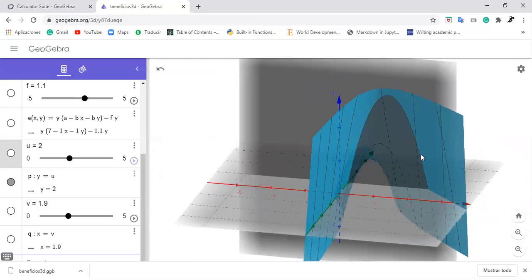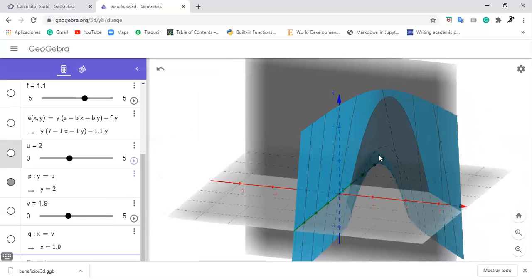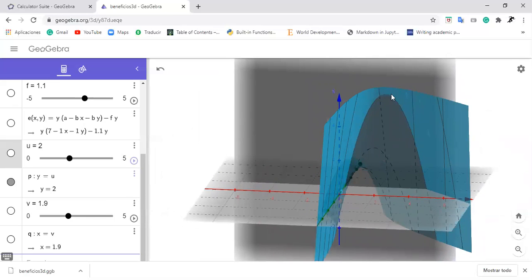So when firm number 2 is producing something around 2 units, firm number 1 is going to have this profit parabola, and firm number 1 is going to maximize these profits at some level. For example, here at this point we have the maximum point of the parabola, and firm number 1 is willing to find this level to maximize its profits.